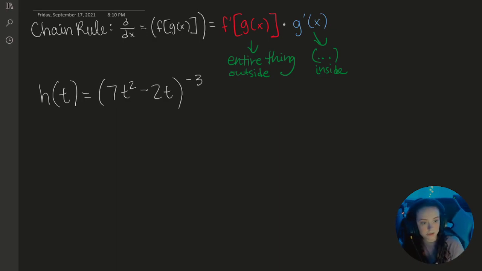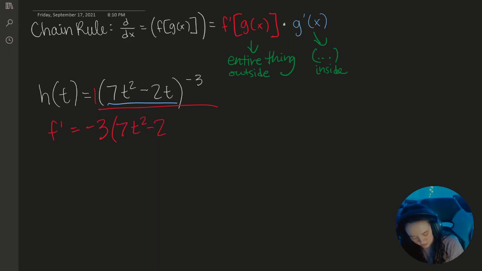Okay, same thing we have been doing. So our f prime is going to use the entire thing, and our g prime is only going to use the inside. So f prime equals negative 3, because we multiply times the front, and leave everything else alone. And then negative 3 minus 1 is negative 4.